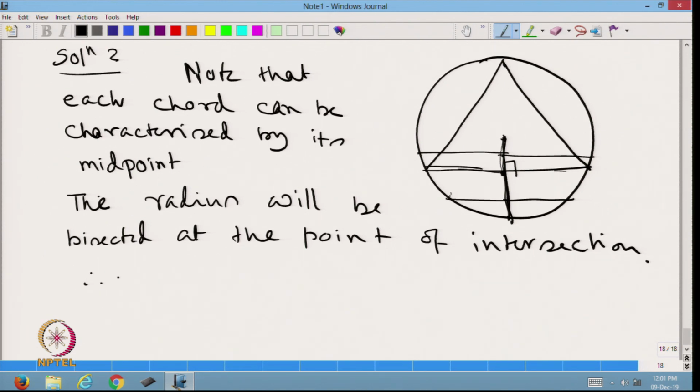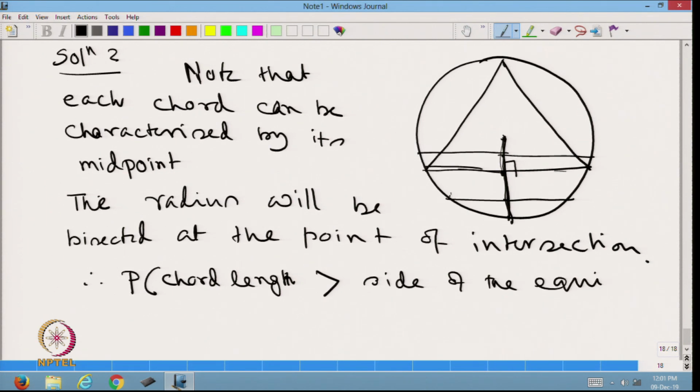Therefore, probability that the chord length is greater than the side of the equilateral triangle is equal to half of the length of the radius divided by the total length of the radius.